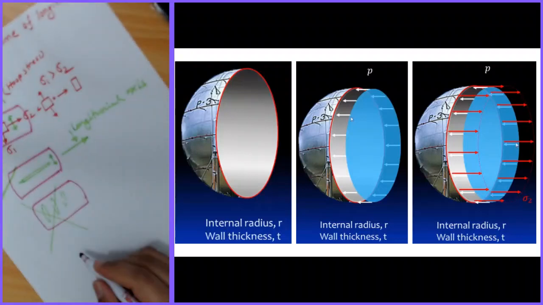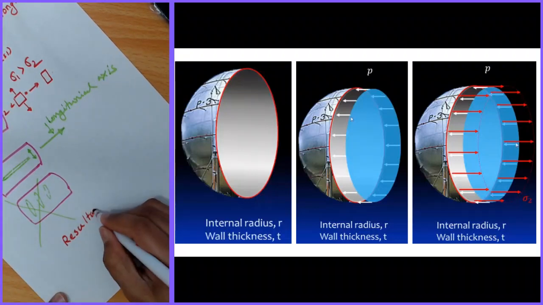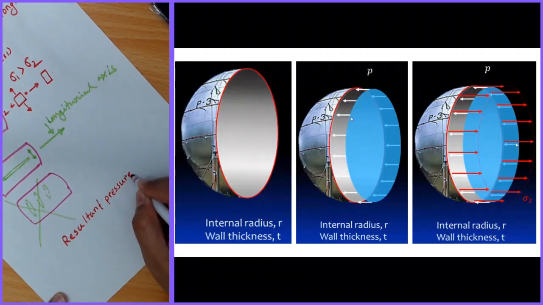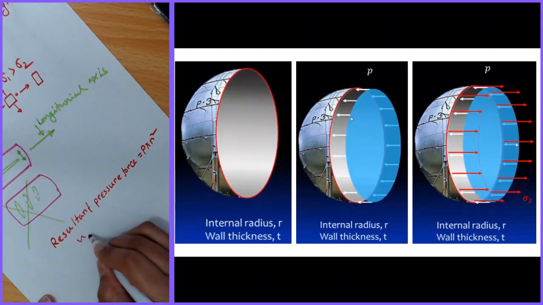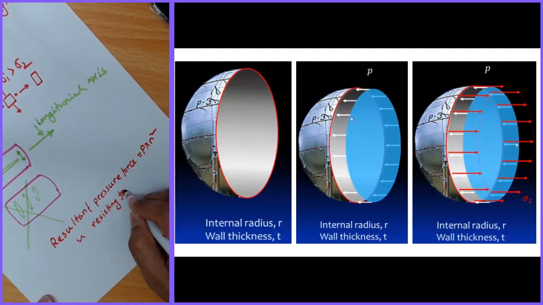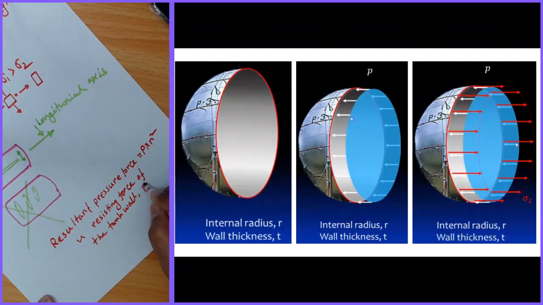Now, the resultant pressure force equals P pi r squared, and the resultant resisting force of the tank wall F is sigma 2 times A, which is sigma 2 times 2 pi r t.